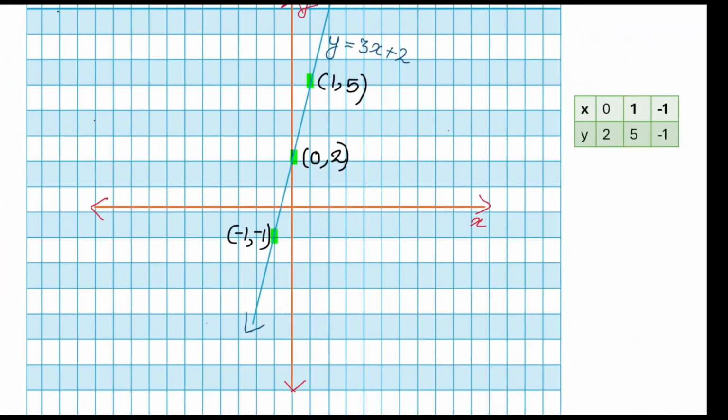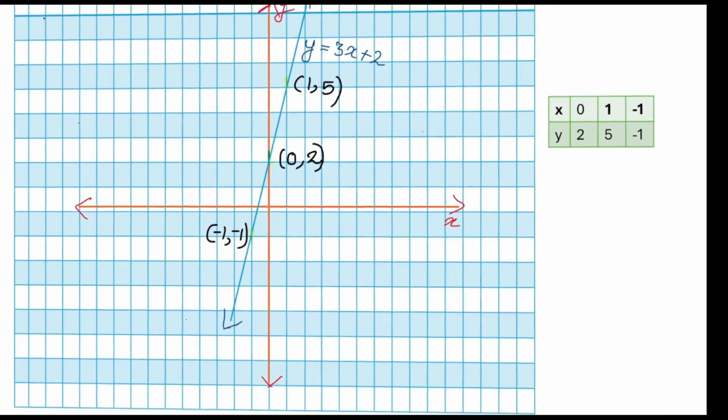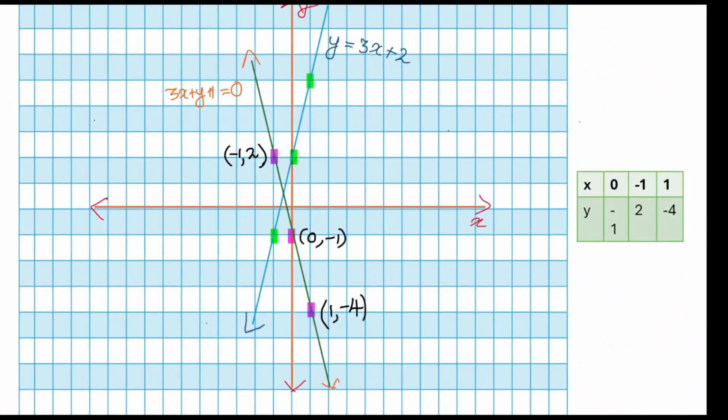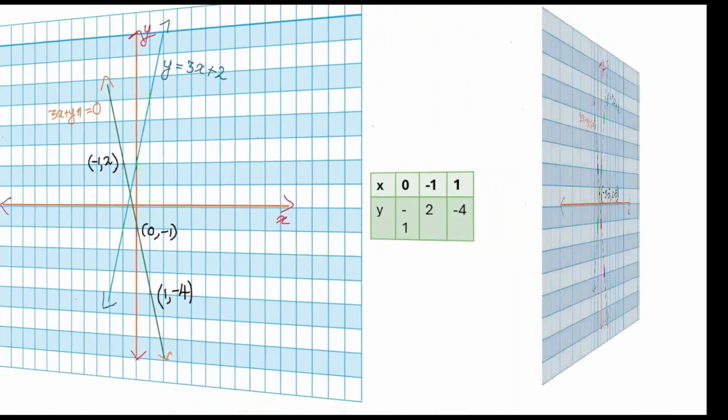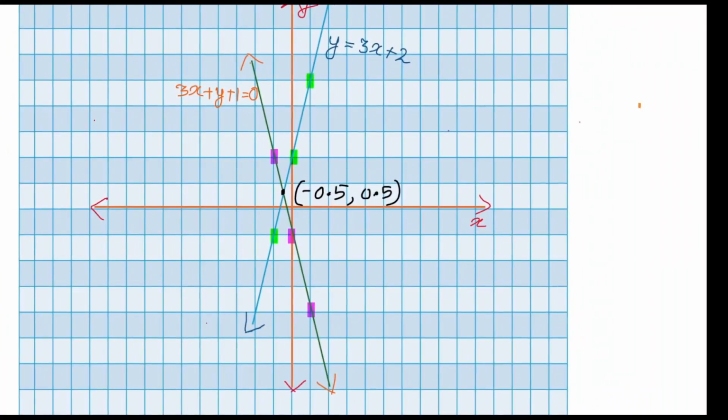Now mark the coordinates corresponding to y is equal to 3x plus 2. Then mark the coordinates corresponding to 3x plus 5y plus 1 equal to 0. Finally, mark the point of intersection of two graphs.